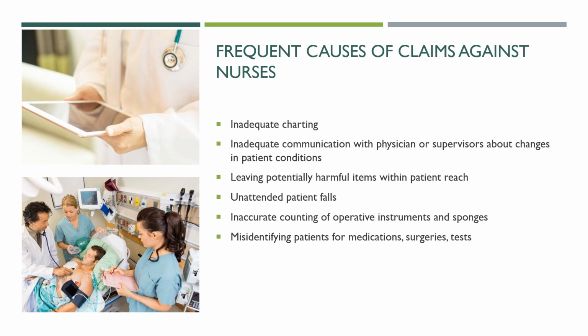The last thing you want is to be in the OR and have a missing sponge, and now your patient is sewn up and there it is inside of them. And then misidentifying patients for medication, surgeries, and tests. Don't take the wrong patient to surgery. Don't give the wrong medication to the wrong patient, right? These are frequent causes of claims against nursing staff.